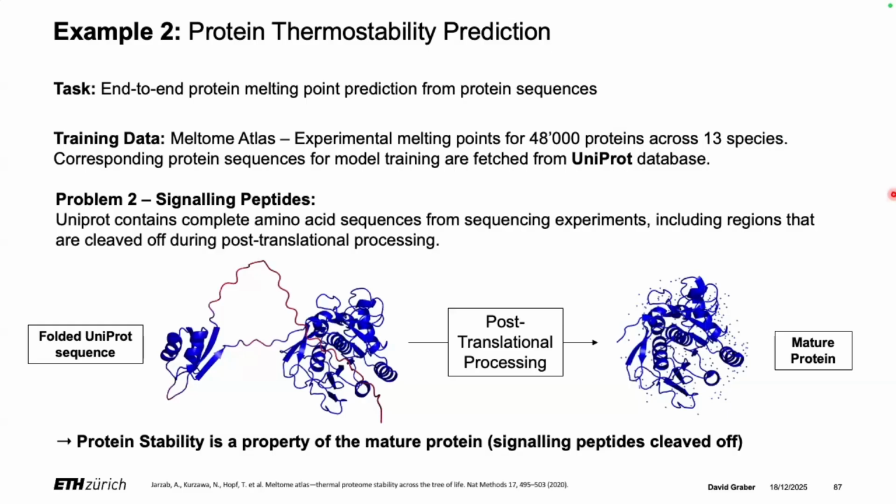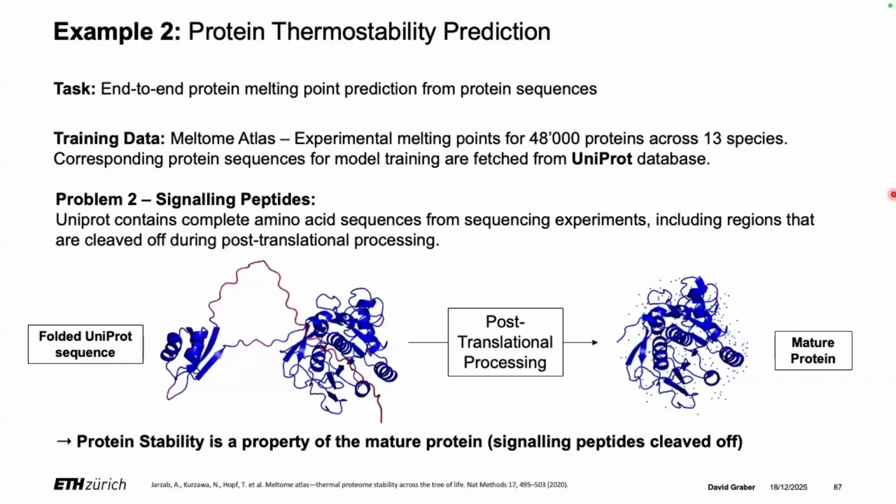You want to know at what temperature a protein degrades and loses its 3D structure, because it's desirable, for example in biocatalysis, to have enzymes that work at high temperatures, because this can accelerate your biocatalytic reaction rates and improve the process efficiency.